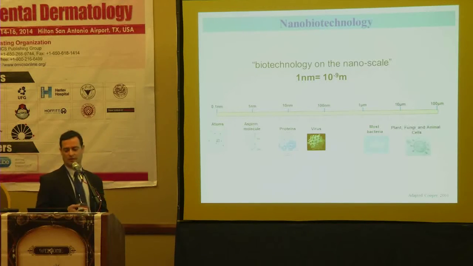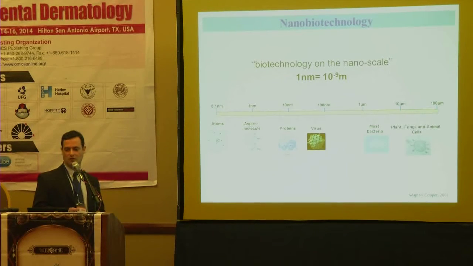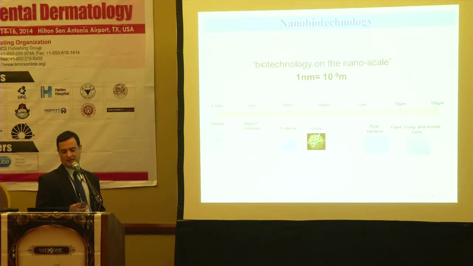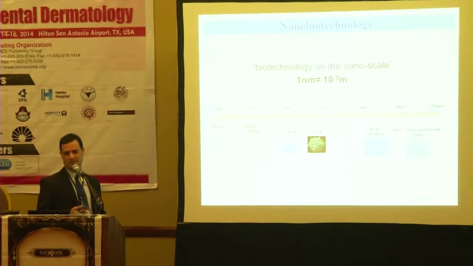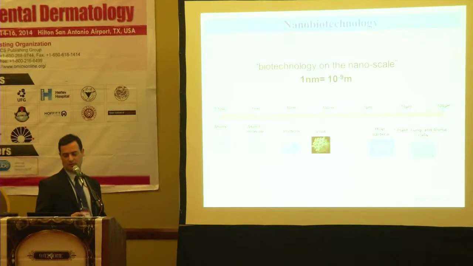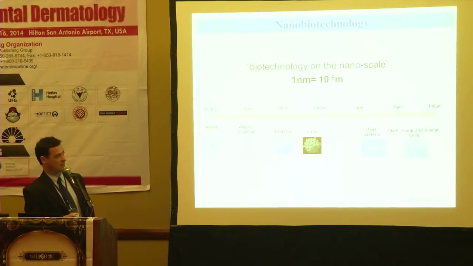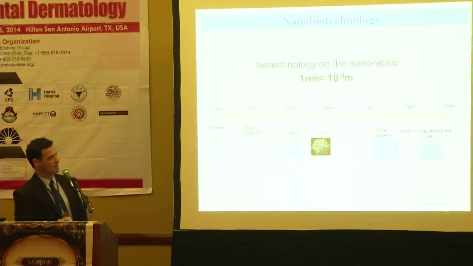Why nanobiotechnology? Nanobiotechnology involves biotechnology on the nanoscale. Nano derives from the Greek word for dwarf. It means very small. So 1 nanometer is equal to 10 to the minus 9 meters.